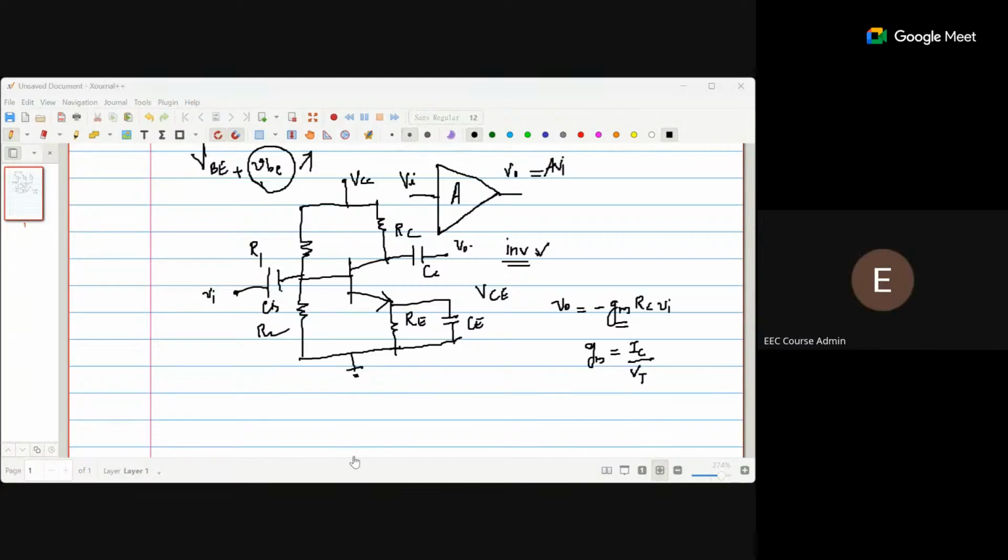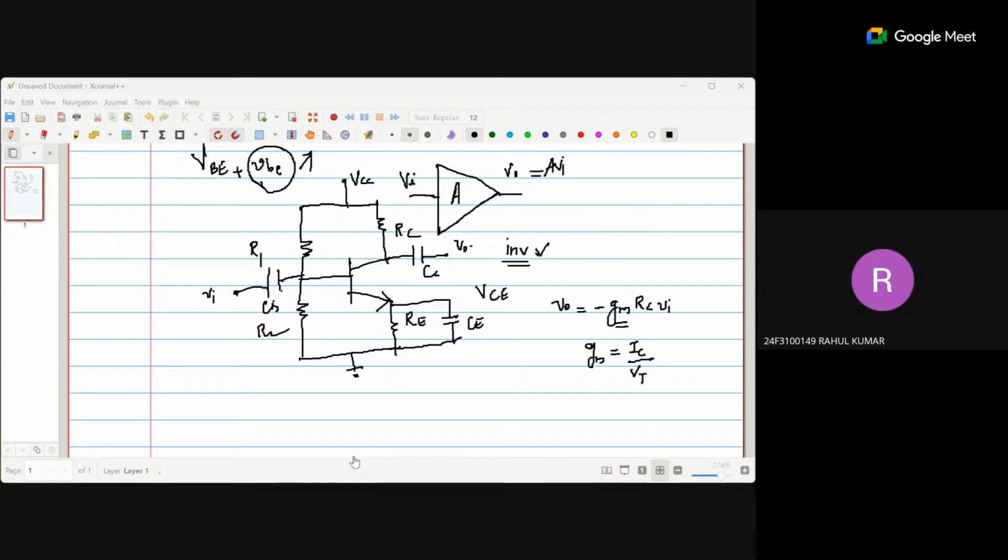Transconductance. Why is it called transconductance? Because it is opposite of conductance, is it something like that? What is conductance? Conductance is the reverse of resistance, means it allows the current to pass.